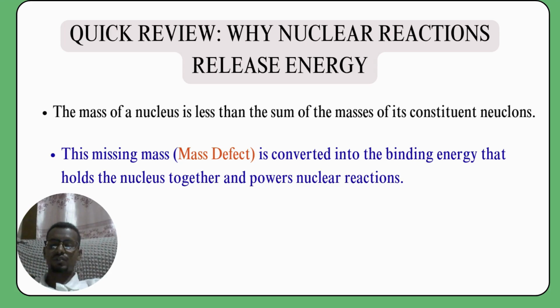This binding energy equals the mass defect times c squared, or the speed of light squared. So the nuclear reaction energy comes from the mass defect, or the change in mass from initial, before the reaction, to final, after the nuclear reaction.